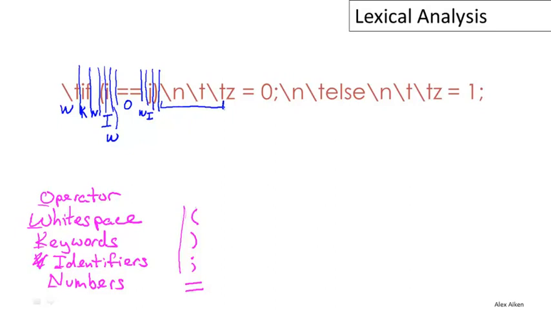And then we have 3 white space characters, so those are grouped together as a white space token, followed by another identifier and more white space, and then another single character token, the assignment operator, white space, and a number. All right, and then semicolon again, a punctuation mark in a token class by itself.